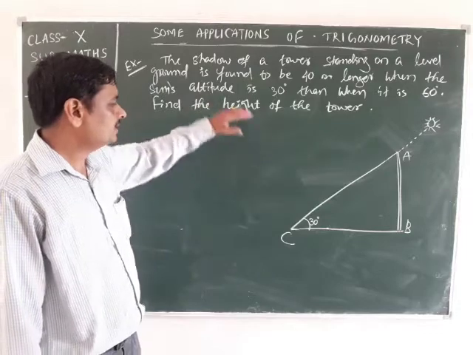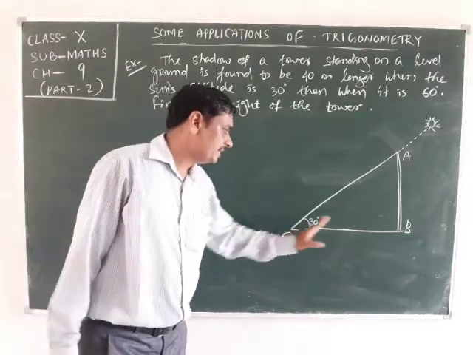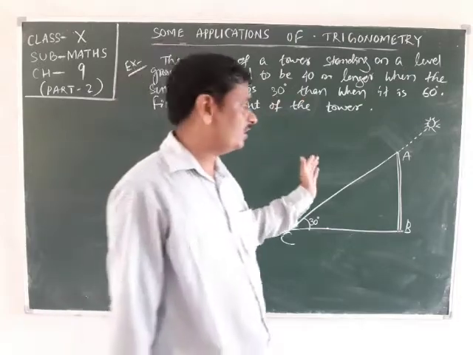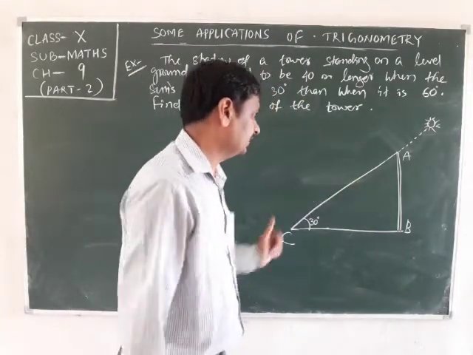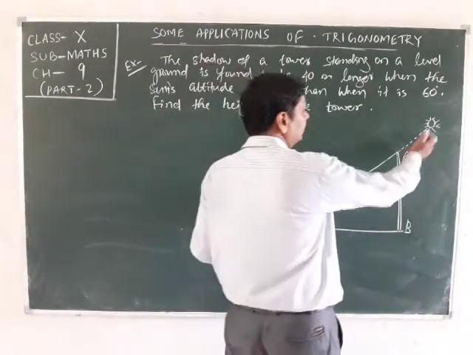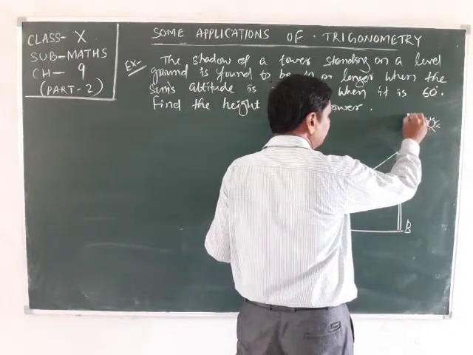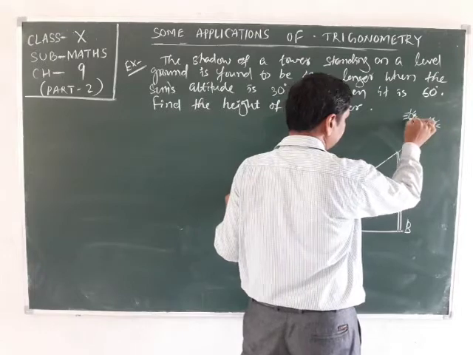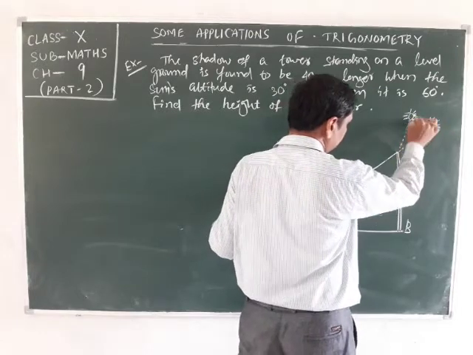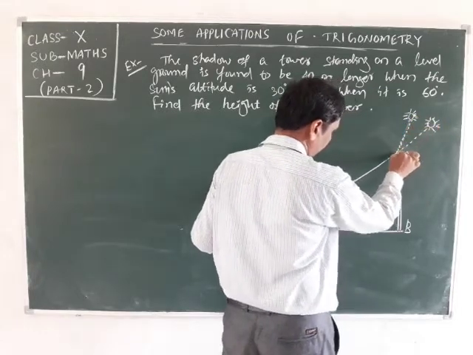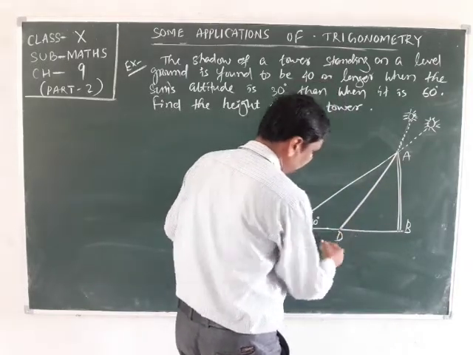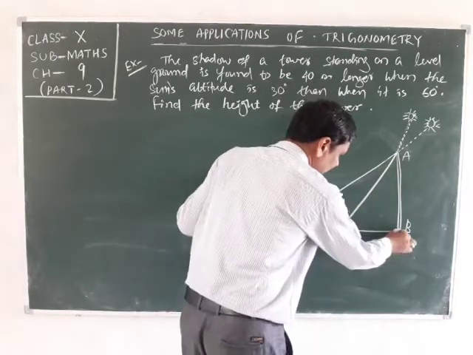Now this shadow BC is 40 meters longer than when the sun's altitude is 60 degrees. Now the sun is here. At point D, this BD is the shadow.